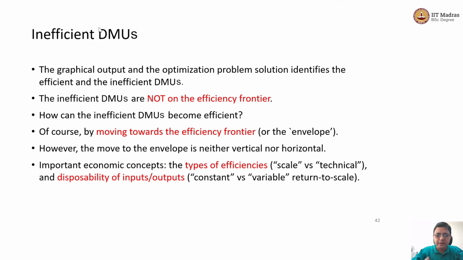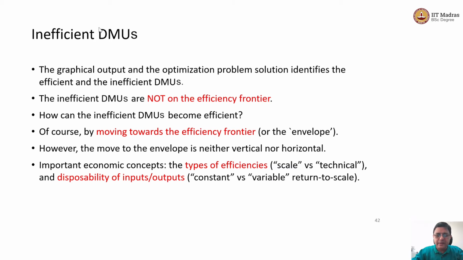That will go deeper into DEA, and we have kept that part out of the scope for the current discussion. So why is the movement of inefficient DMUs towards the envelope neither vertical nor horizontal? It is not because of these concepts, such as scale efficiencies and CRS, so let us not bring those in right now.